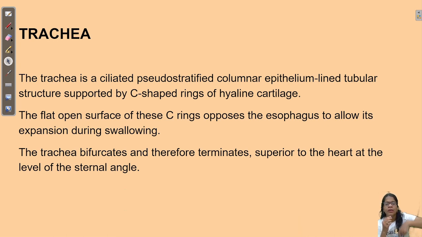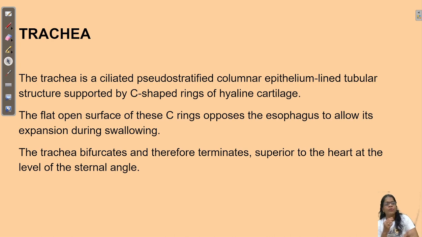That is why you say that the heart is always towards your left. It's actually at the center, but the apex points towards your left side, and thus it looks like it is on the left side of your body. It is actually situated between the two lungs. And the trachea, the tube coming from the top, is again bifurcated into two and enters the two lungs, called the bronchi.